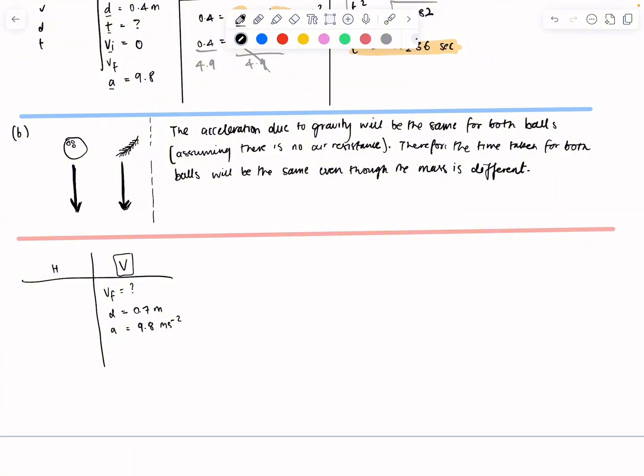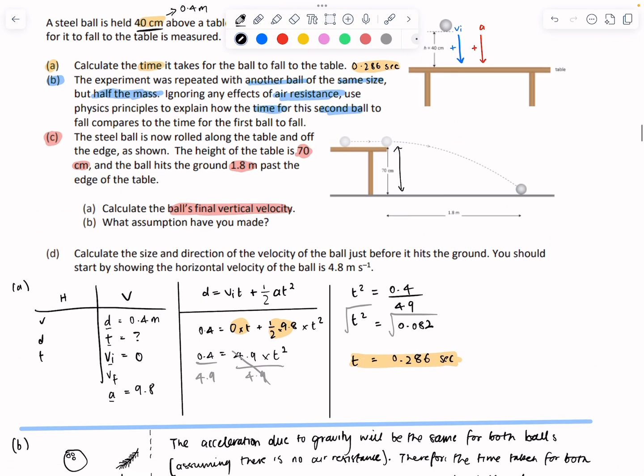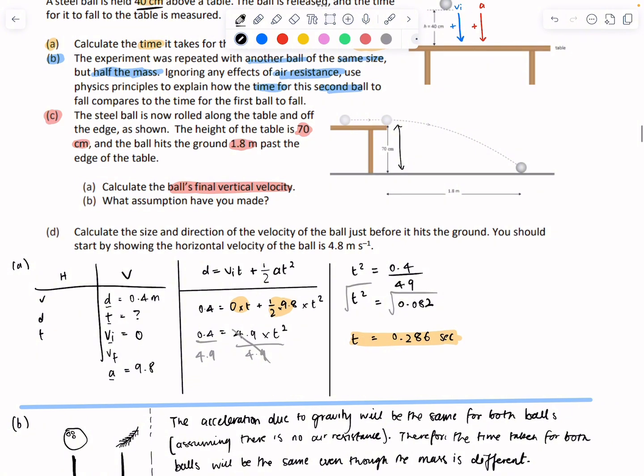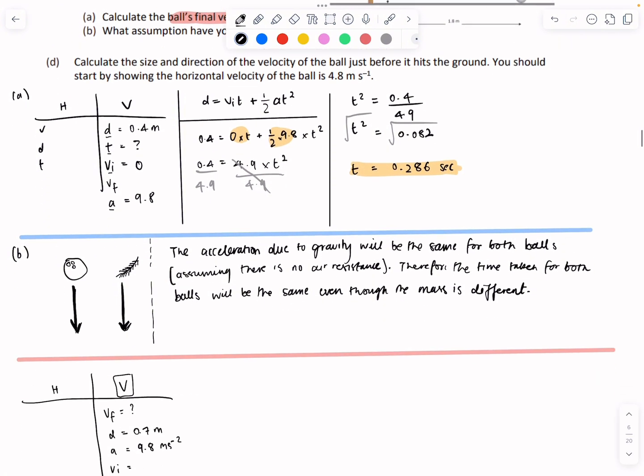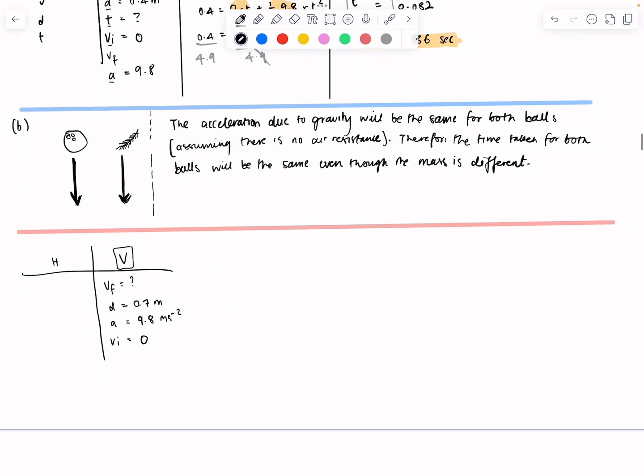What else do we have? What's our VI? We assume that the initial velocity at the top of the table is going to be 0, okay? And what else? Pretty sure that's all we actually need. We don't know the time, maybe we won't need it.